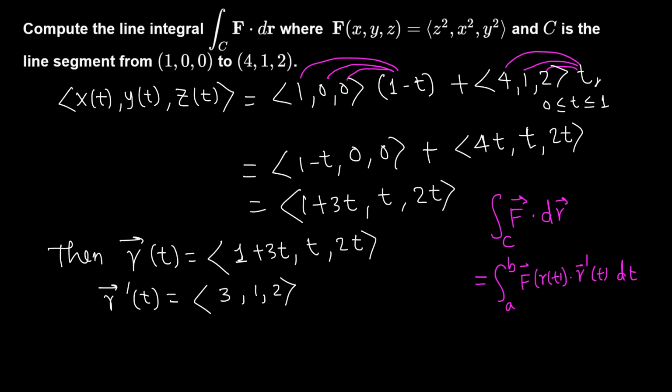Now we need to write this F function, z squared, x squared, y squared, in terms of r(t), because we need F of r(t), where r is (1 plus 3t, t, 2t). So pretty much we plug this r(t) into this function F. This is like x, y, and z.